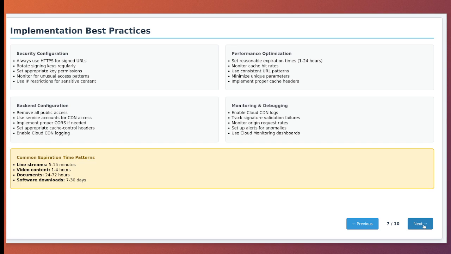Common durations are between 1 and 24 hours, depending on the content's sensitivity. Third, consider using IP restrictions for highly sensitive content, but be aware this can cause issues with mobile users whose IPs change. Finally, monitor your cache hit rates. Low hit rates might indicate that your signatures are too unique or that your expiration times are too short.